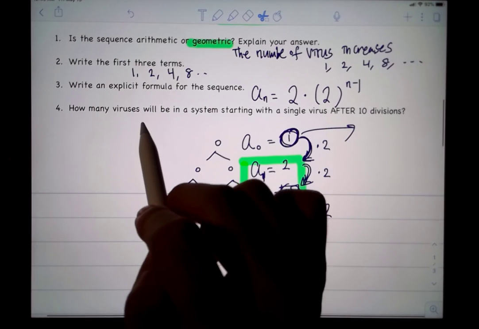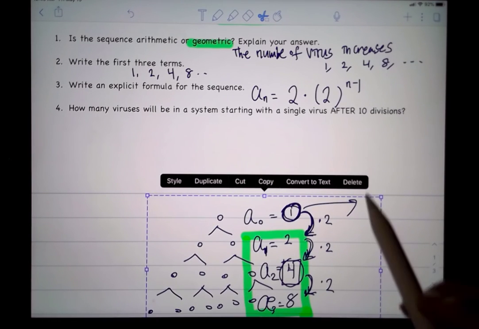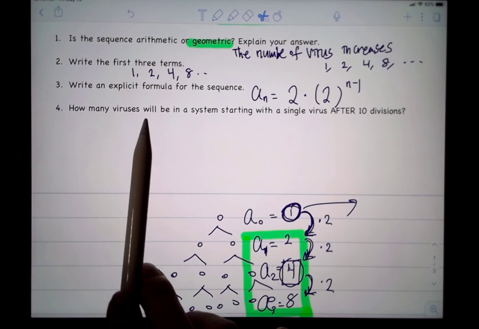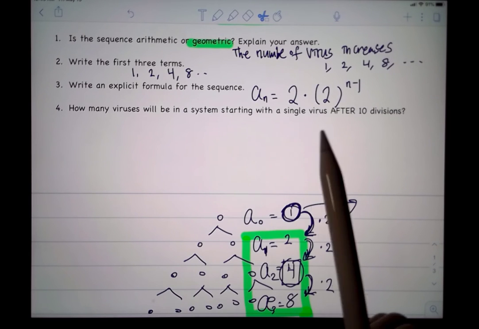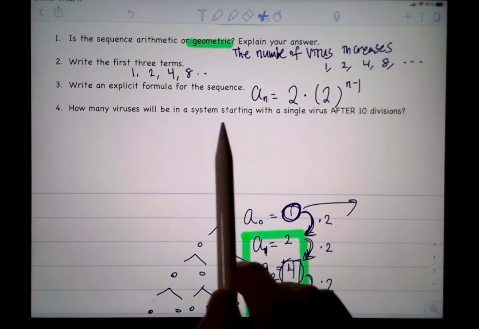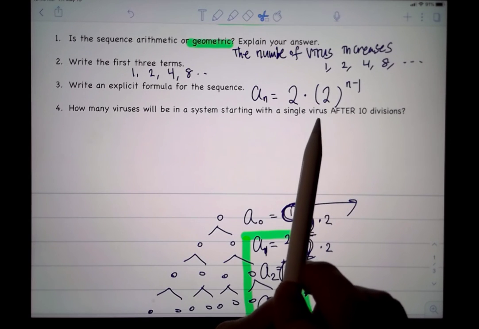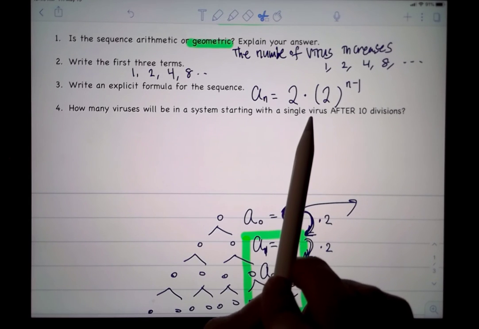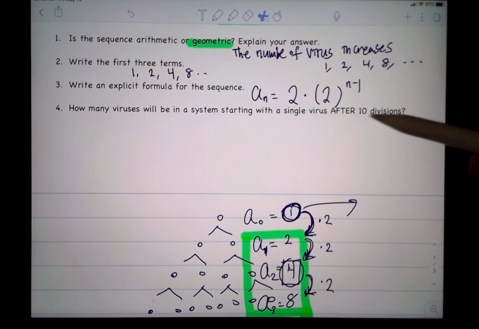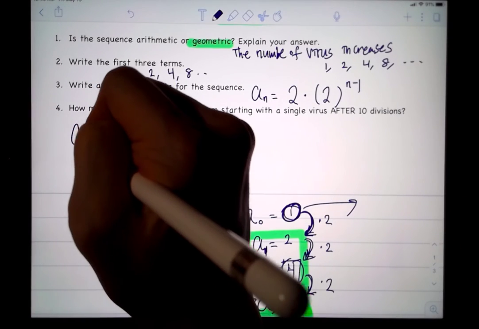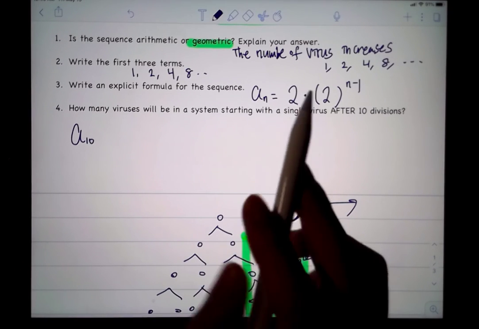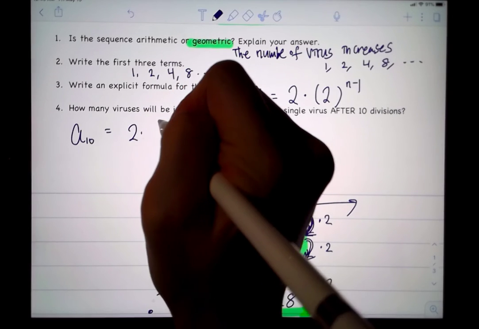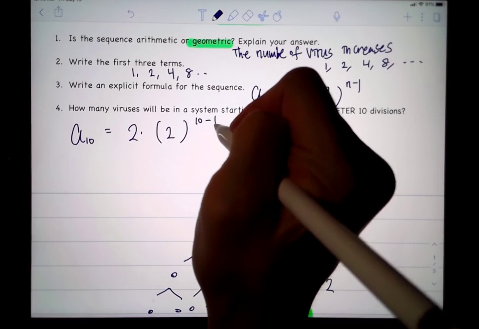And number 4, it says how many viruses will be in a system starting with a single virus after 10 divisions. So don't get tricked by this. You started with a single virus, but we cannot say that's A1, that's A0. So after 10 divisions, that will be A10, and you can just use this explicit formula. 2 times 2 to the 10 minus 1.